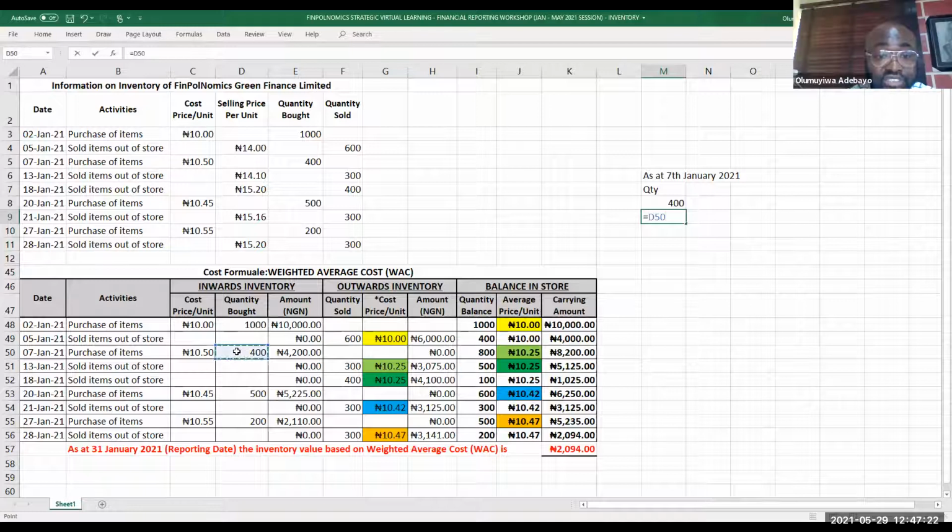And there's this new 400 that came in. Okay. Now, what is the price of this one? 10 naira. What is the price of this one? 10 naira, 10 kobo. What is their value? Cost price. What is the value? Or what is the cost in total? Okay.